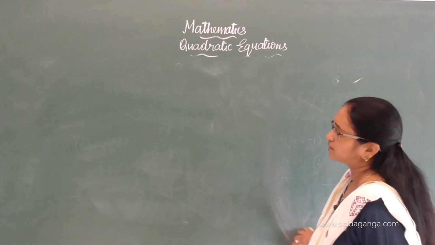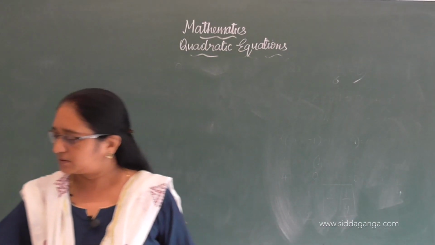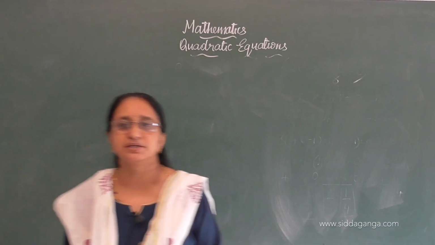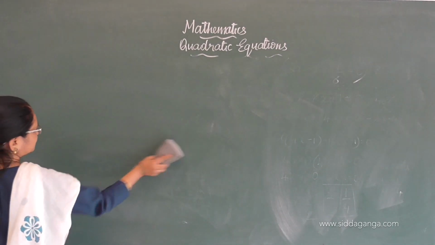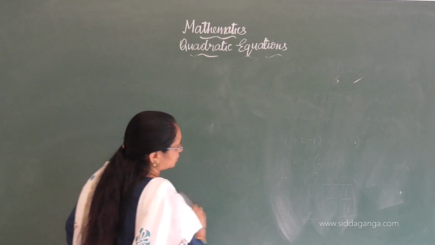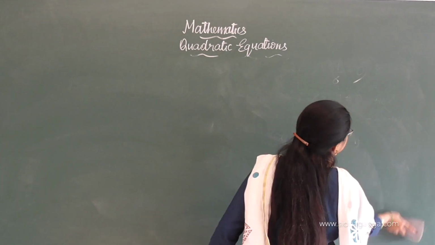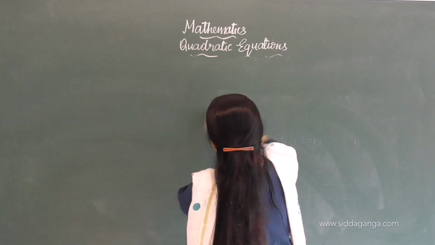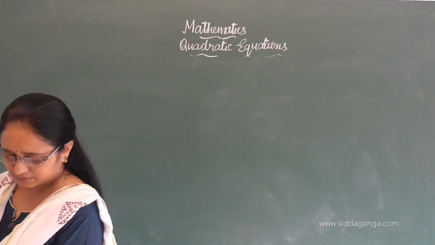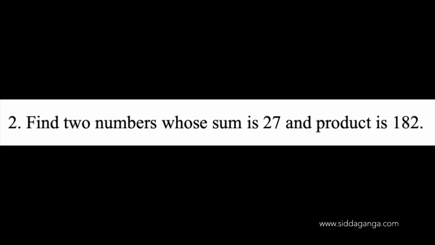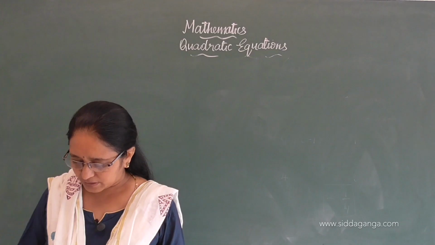I think by now you all are familiar with framing the equations. Okay. Now the first one you try to solve. So find the two numbers whose sum is 27 and the product is 182.